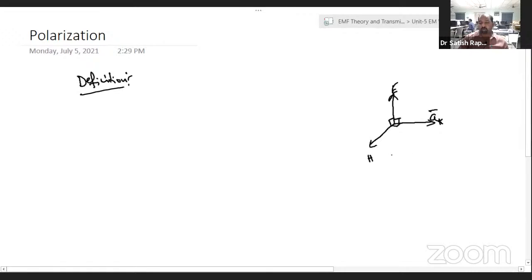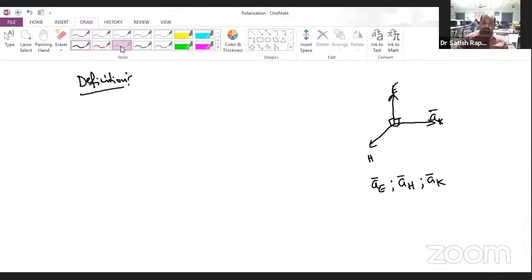Let us say a E bar is the direction of the electric field, a H bar is the direction of the magnetic field, and a K bar is the direction of wave propagation.